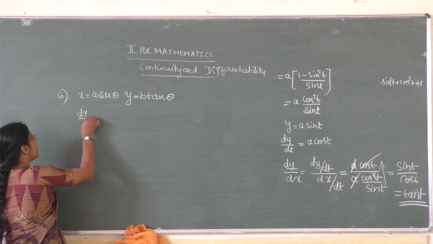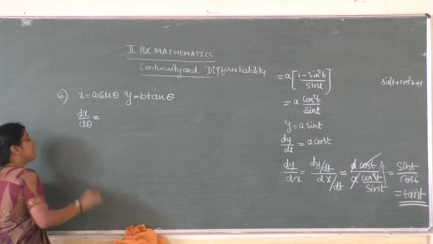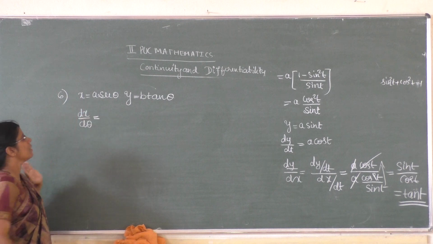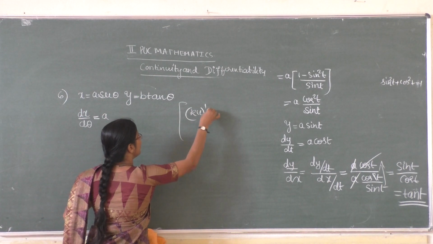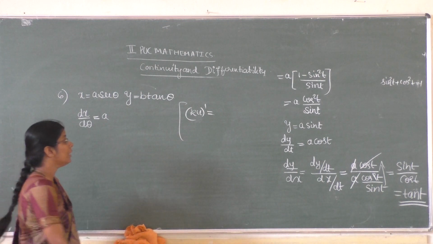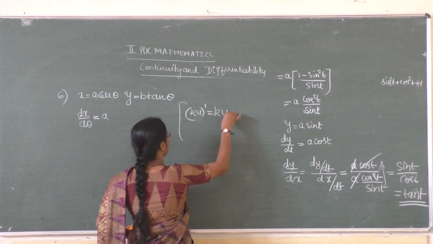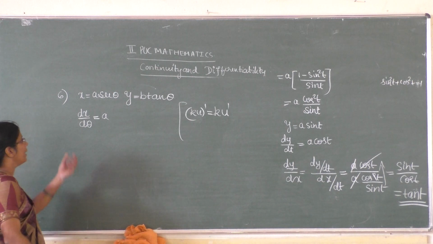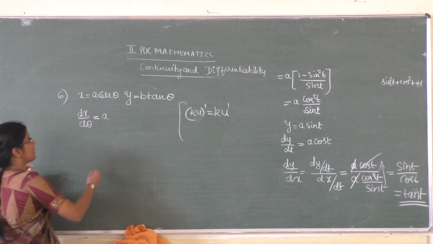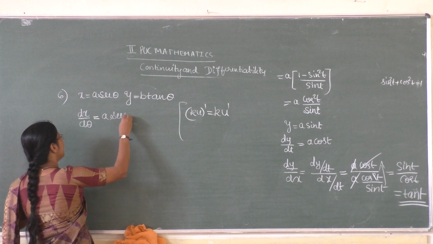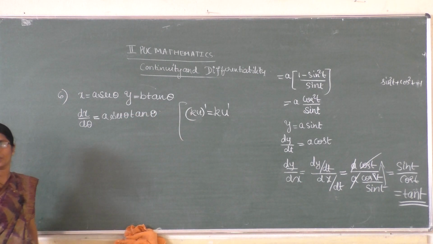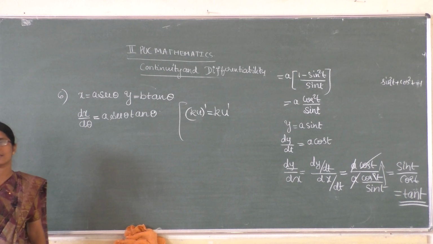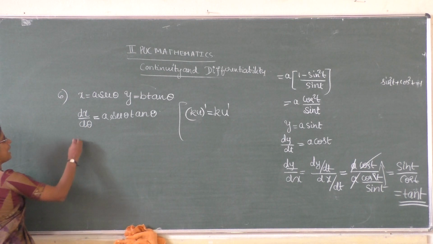So dx by d theta, a constant, rule, that is k u, derivative of k into u, that is nothing but k into derivative of u, the same formula. So a constant, keep as it is. Derivative of secant theta is secant theta into tan theta. Okay, derivative of secant theta is secant theta into tan theta.